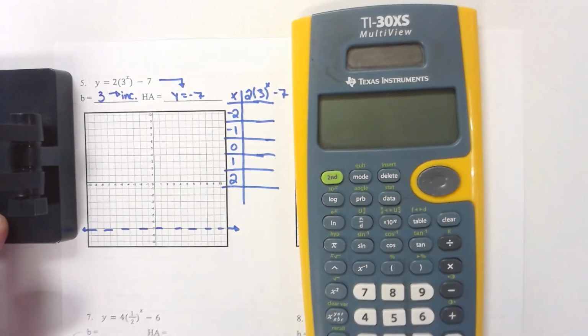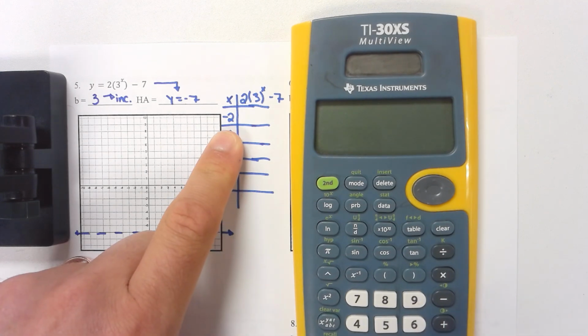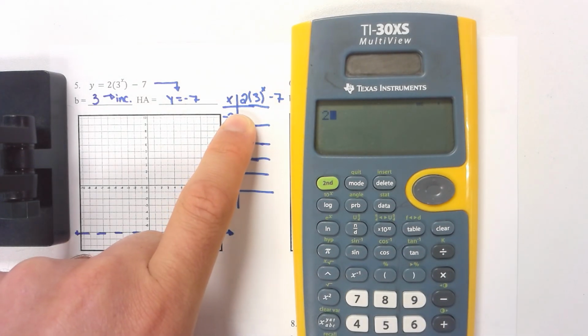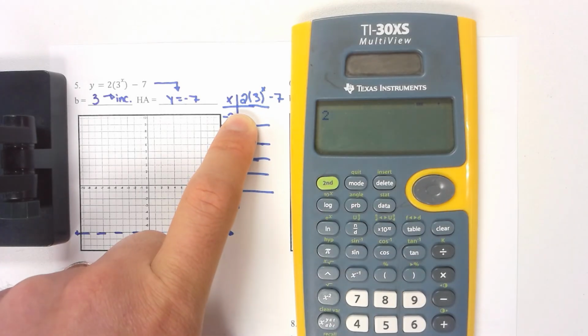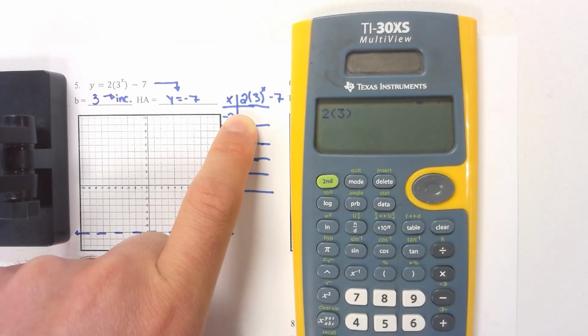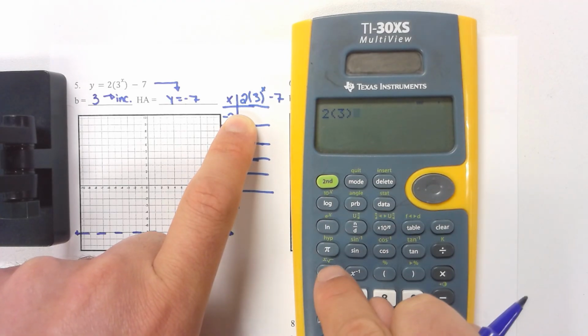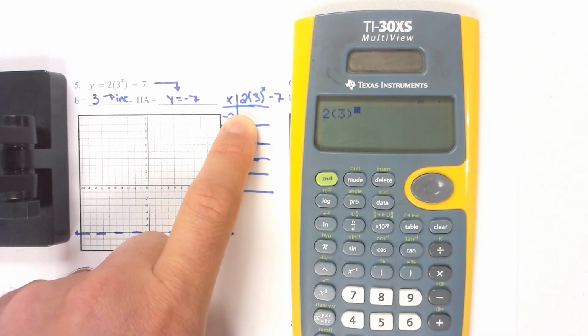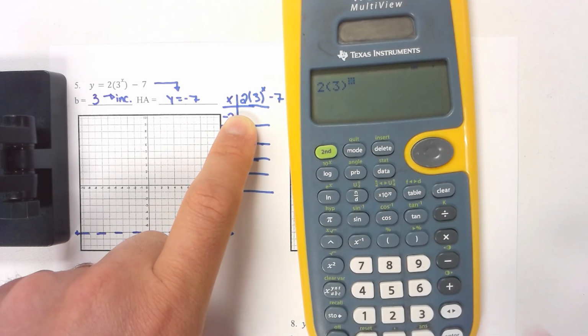So here we go. I'm going to plug in an exponent of negative 2, but I first have to do this 2, which we'll just immediately type. Then our base, we put that in parentheses, so I go open parenthesis, 3, close the parenthesis. Now I'm going to press the exponent button, diagonal from the number 7.